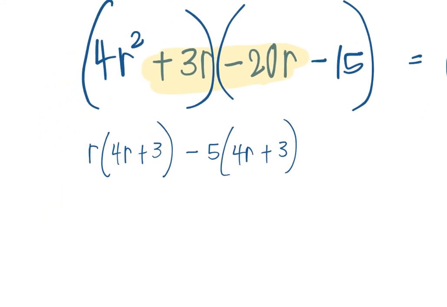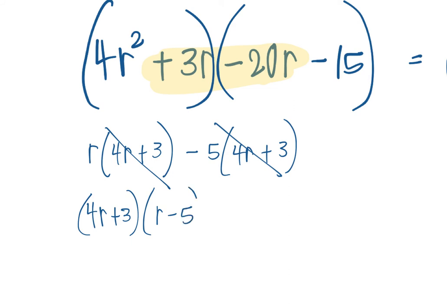So notice what we're left with on both sides. The inside is now 4r plus 3. If you literally factor that out, what are you left with? You're left with r minus 5.